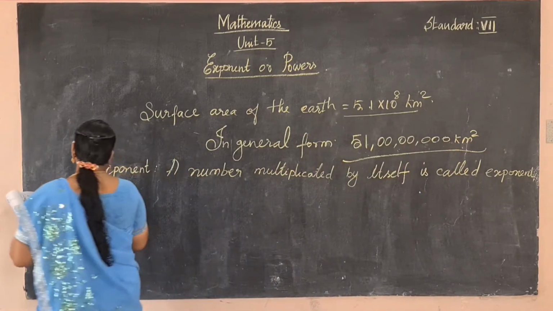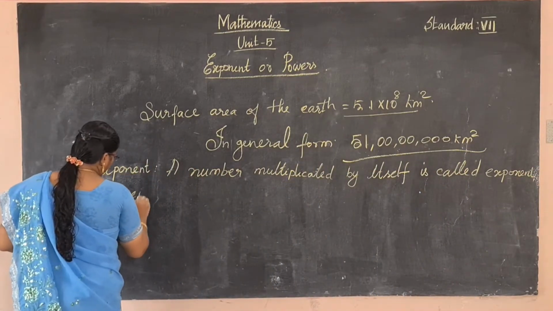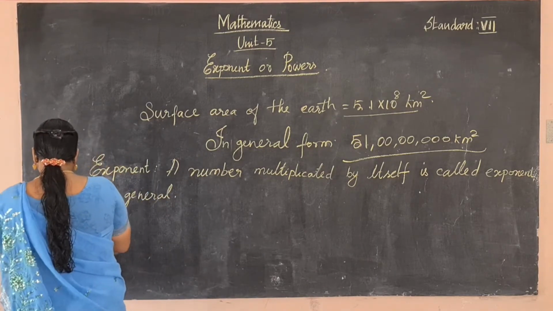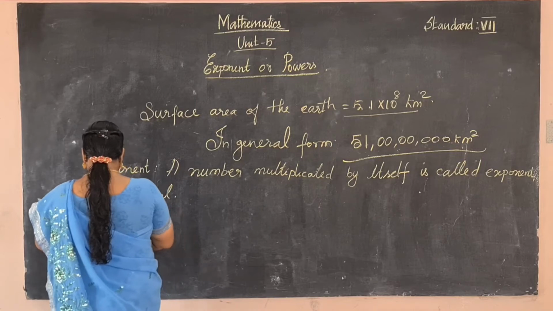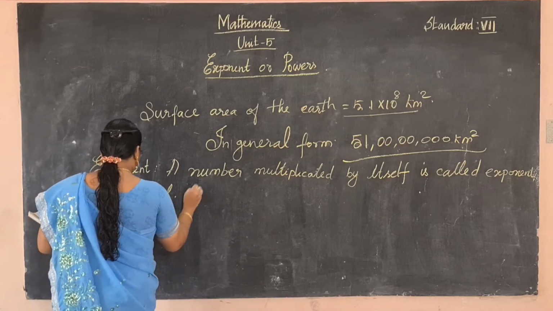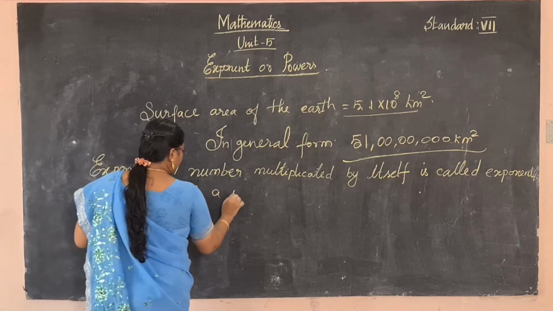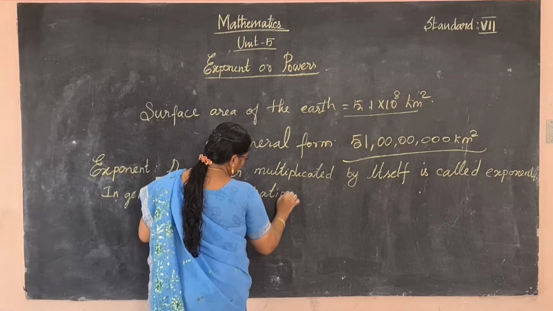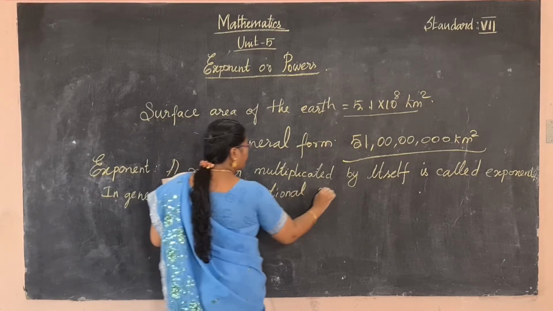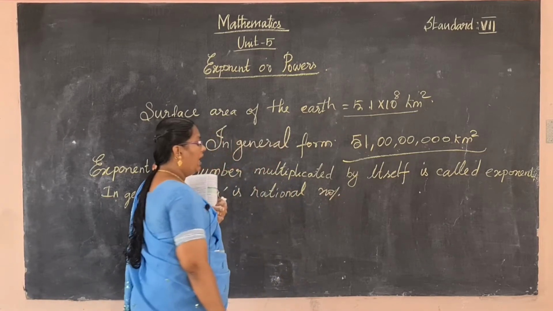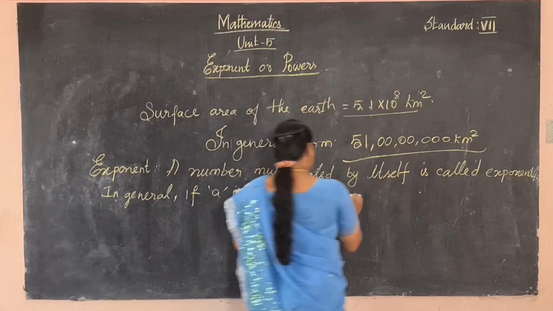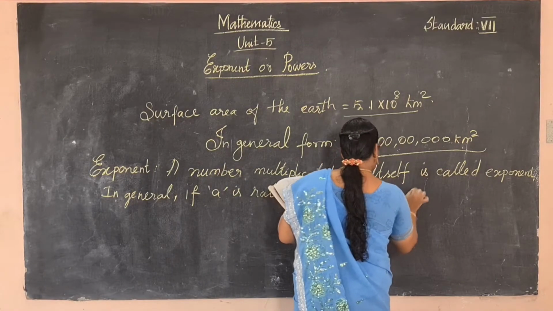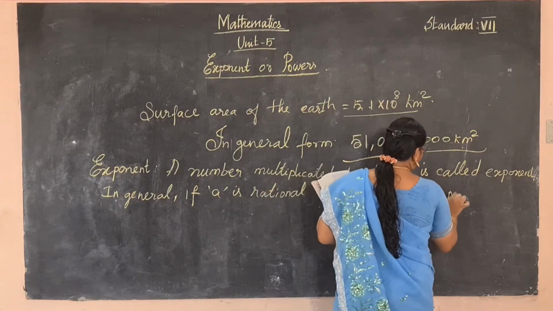In general, if A is a rational number and M is a positive integer.